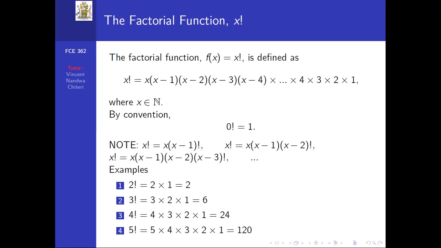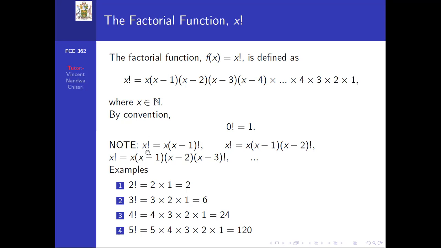Once you define x factorial in this form, if you start at the point x minus 1, then times x minus 2 times x minus 3 up to times 1, that defines x minus 1 factorial.